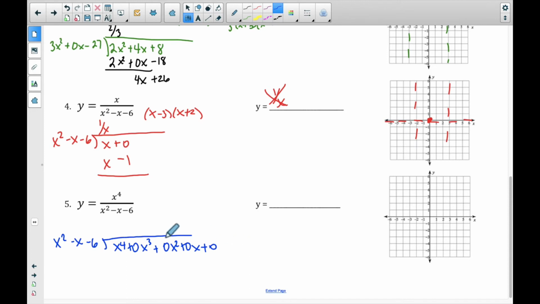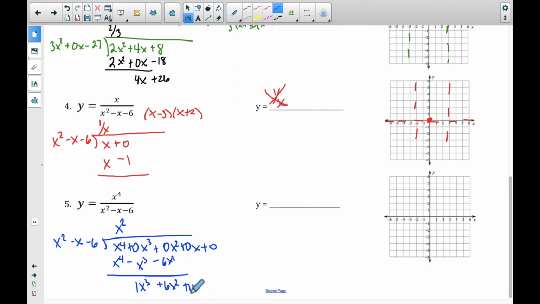So we set up our long division. X squared goes into x to the 4th x squared times. So if I distribute this out to the side, I get x to the 4th minus x to the 3rd minus 6x squared. I'm going to subtract this, which gives me a 1x to the 3rd plus 6x squared.